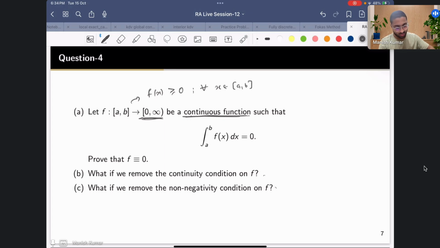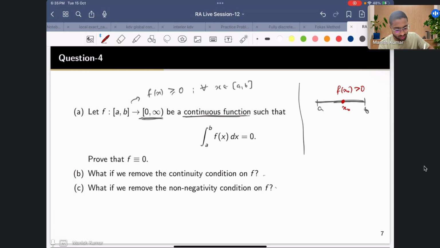I'll just sketch the proof and then write it properly. This is your interval AB, and the claim is that f has to be 0 on this whole interval. Let's say there exists some point x0 where it is non-zero. That means f of x0 is greater than 0, because it is a non-negative function, so it cannot be negative.